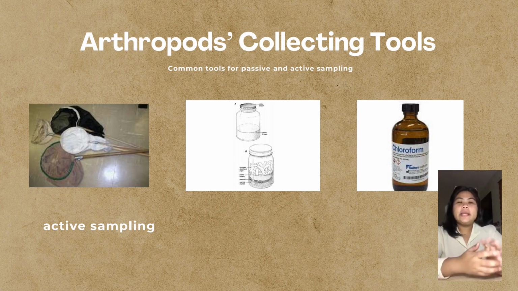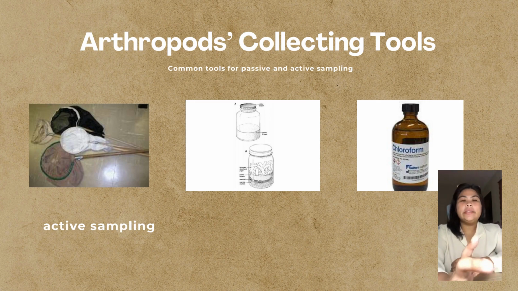Next, let us discuss the passive and active sampling for collecting samples of arthropods. First, as you can see, this is what you call the sweep net.